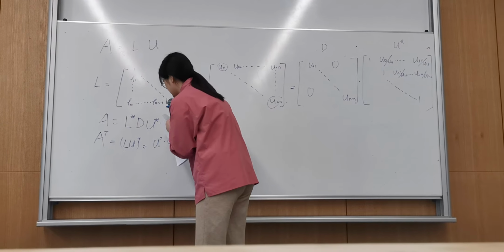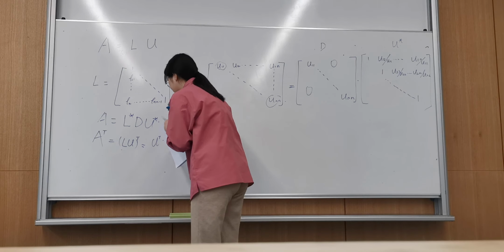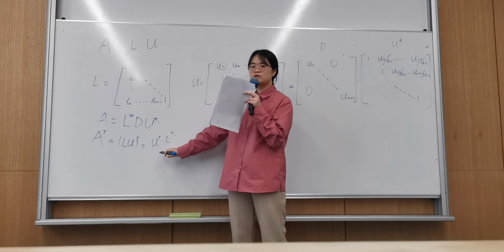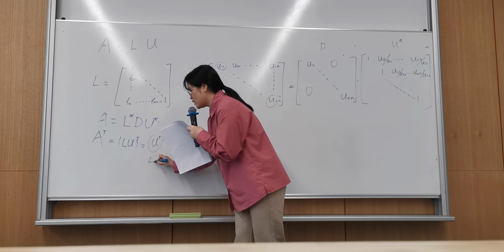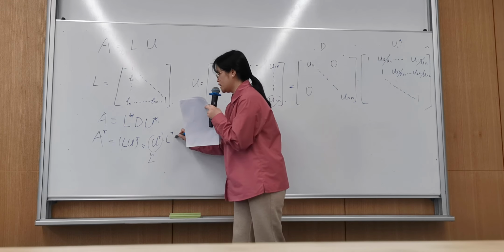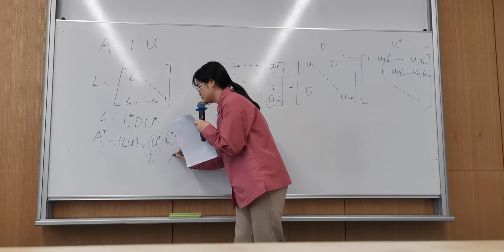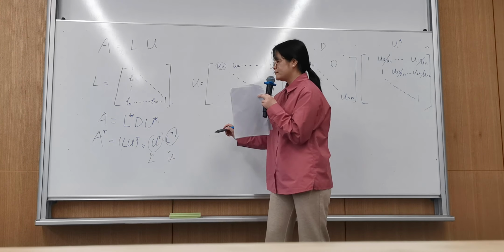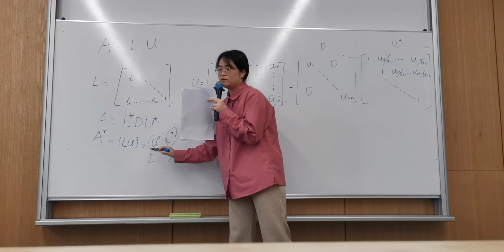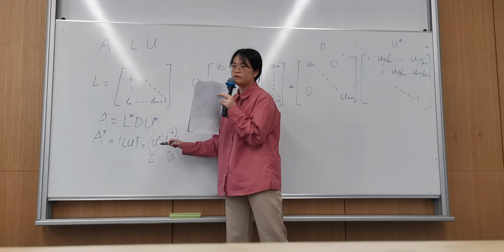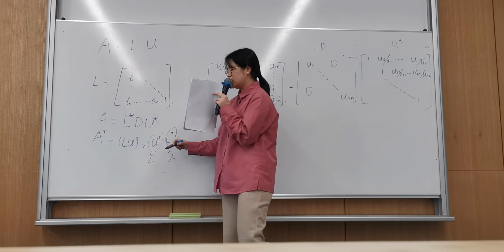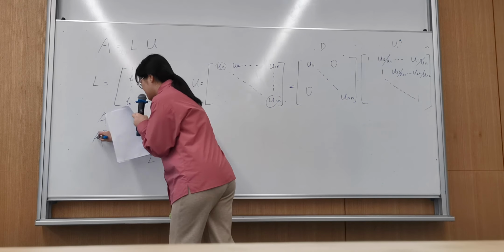This is not correct, because U transpose will be our new L, which is L tilde, and L transpose will be our new U, which is U tilde. This L should be a unit lower triangular matrix. If we simply transpose the previous matrix U, the diagonal entries are not 1.